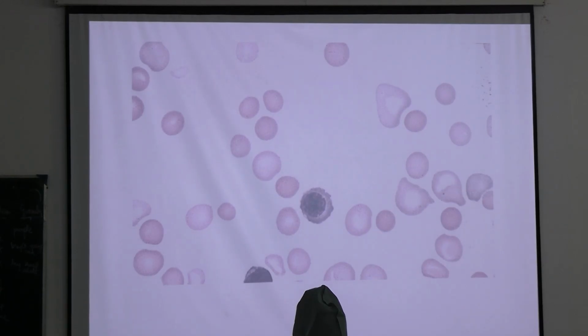Hypochromic or normochromic? Normochromic, very good. Because most of the RBCs here have not lost their central pallor, and the central pallor is normal. It is not more than one third. So these are normal RBCs. Maybe the size is small. You can say here microcytic normochromic.